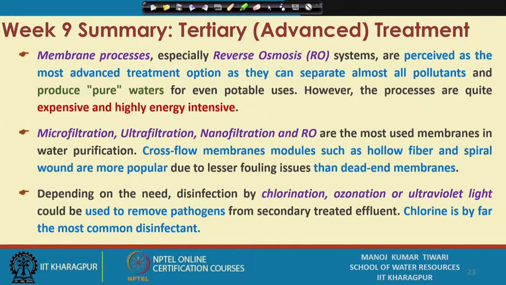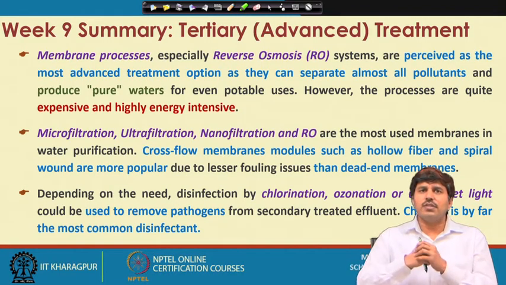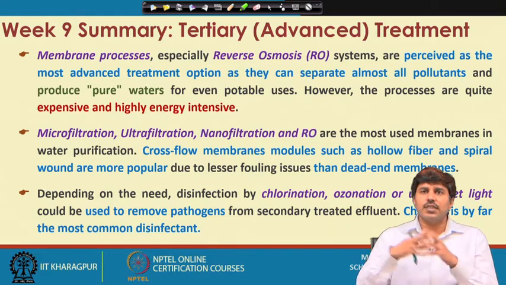However, the processes are quite expensive and highly energy intensive. There are cross flow membrane modules like hollow fiber and spiral wound. These are more popular than the dead end membrane modules because they have fewer fouling issues, which is one of the most critical maintenance aspects of the membrane system.